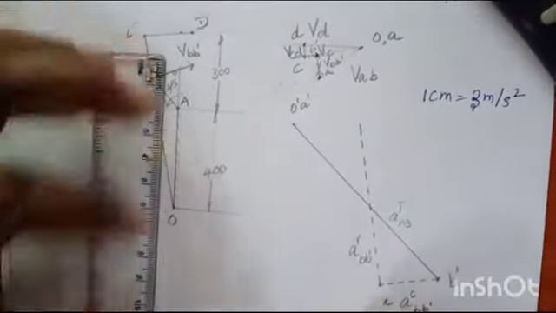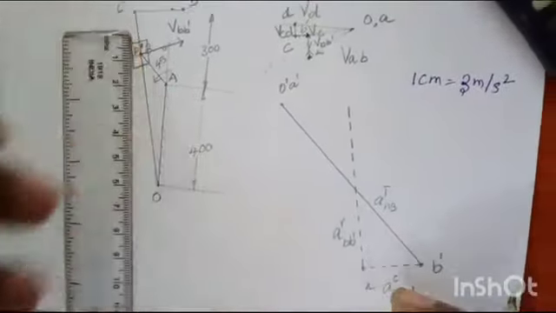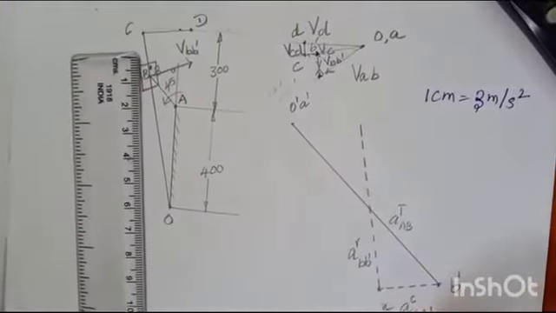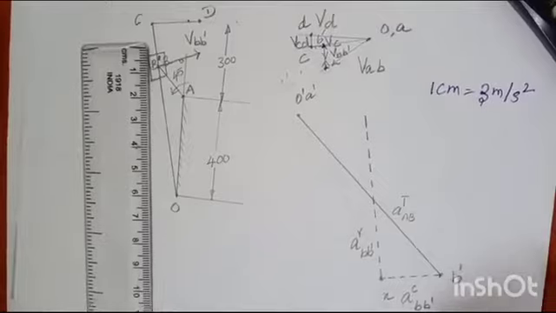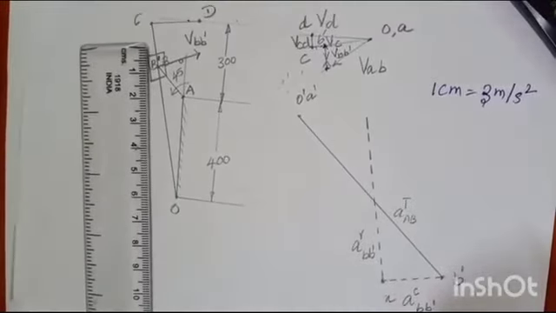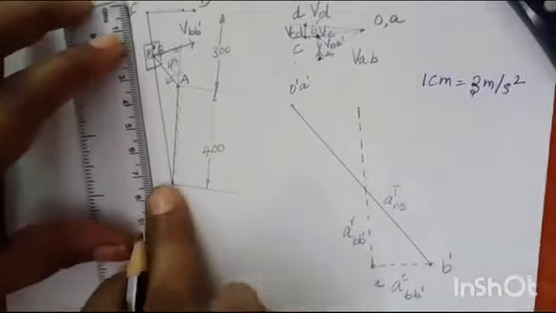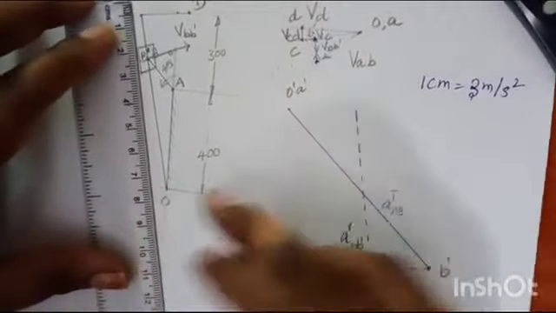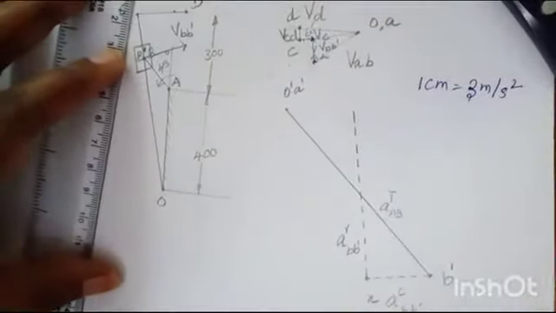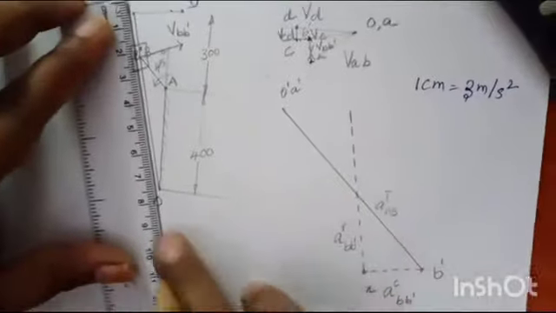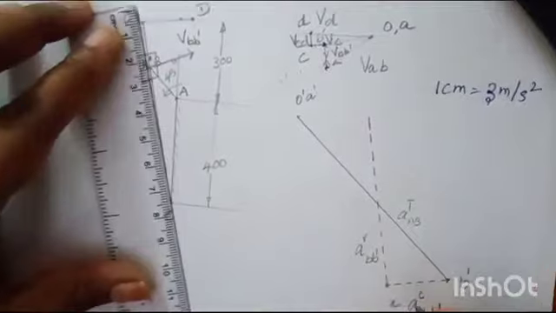Now come for the remaining values. ACBB dash is over. Now you just go for this ARBB dash, over. Now with respect to this O, you have one more magnitude, ARBO dash. So take this OC slotted lever directly.